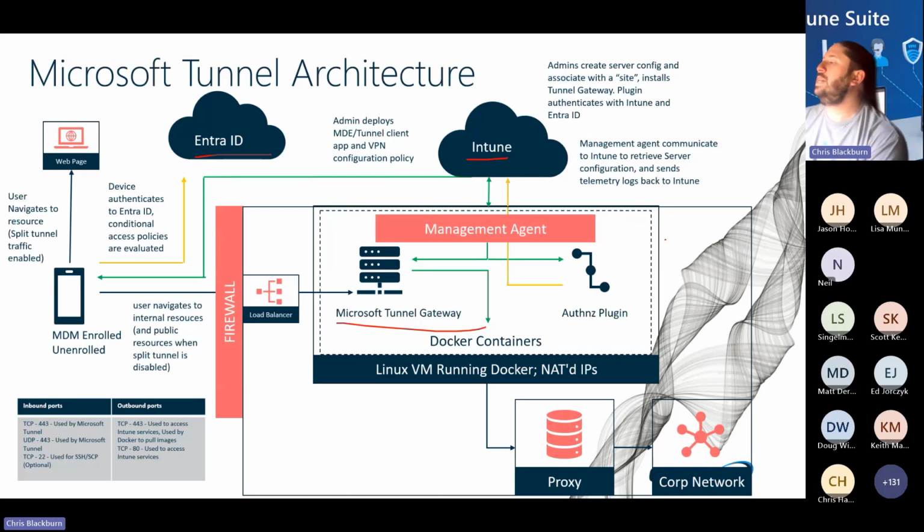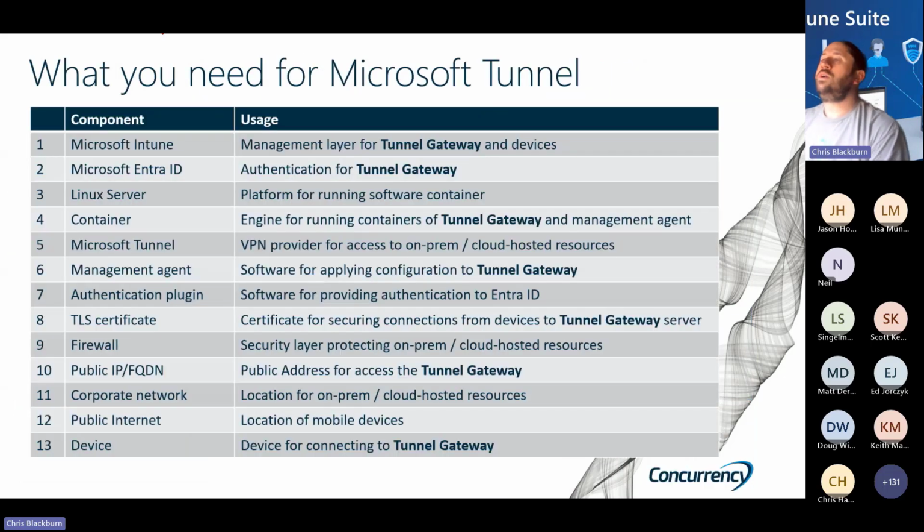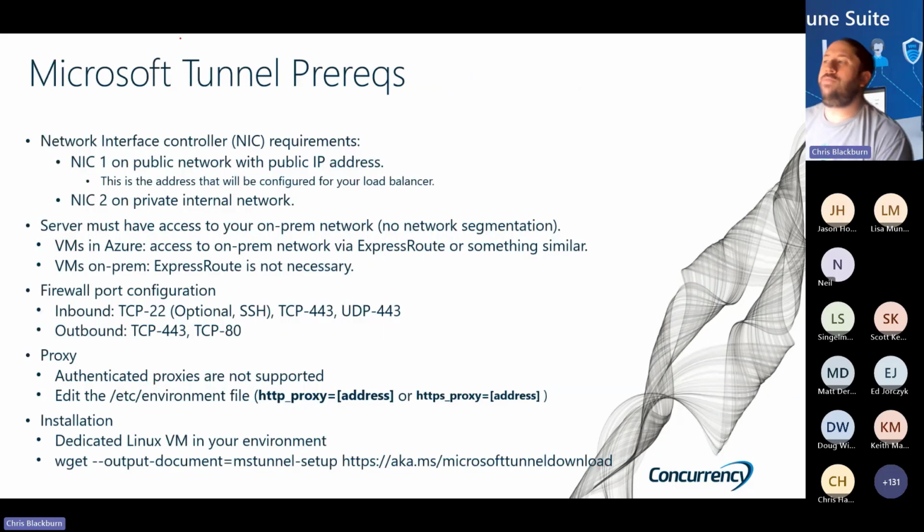So as we can see here of the infrastructure behind Microsoft Tunnel for deploying it in your environment, that's a high-level view of what you need from a checklist perspective. There are a number of requirements. This list might look a little bit daunting, but once you actually start to look at the breakdown of the prereqs, it's a little bit easier to look at.